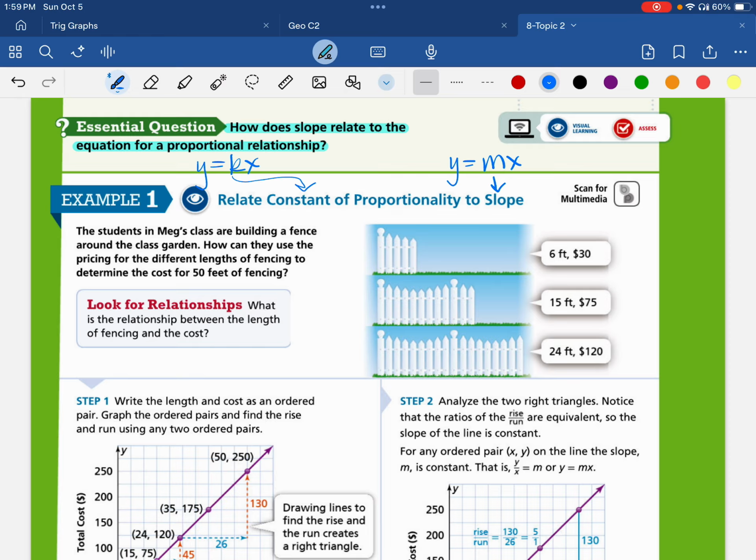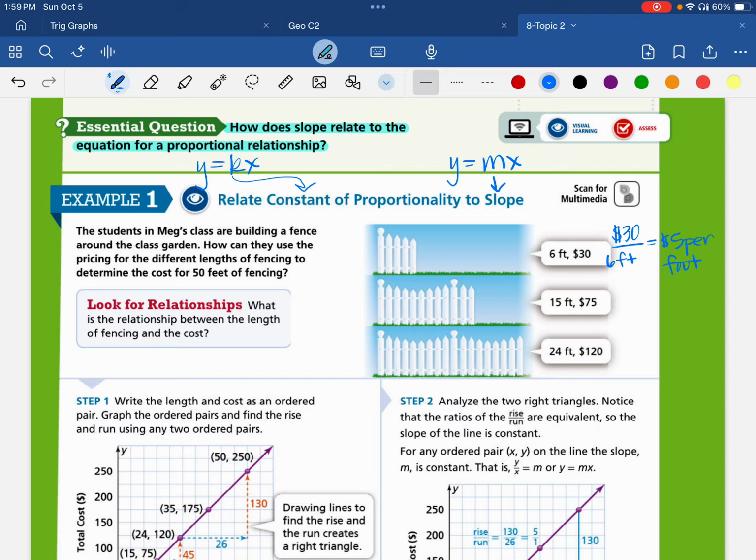So when we look at this scenario of looking at the cost of fencing per foot, they give us 3 different values on here showing that 6 feet of fence is $30. So going off of that one, $30 for 6 feet of fencing equals $5 per foot.